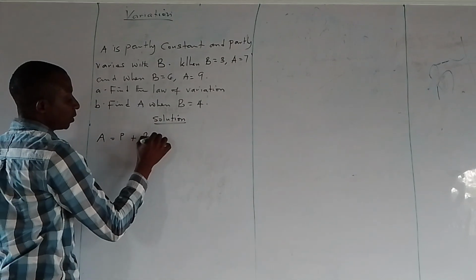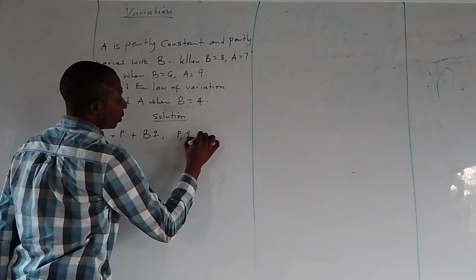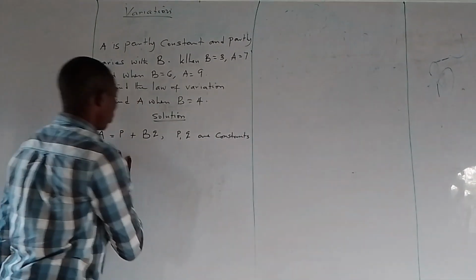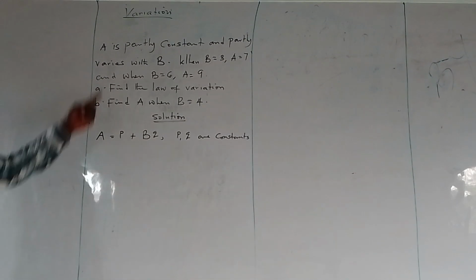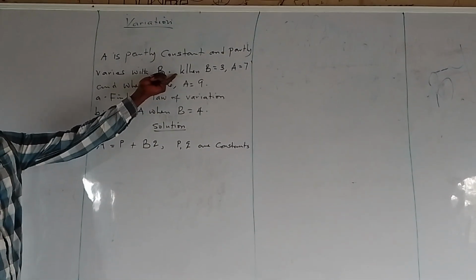So we can call that Q. So P and Q are constants. So that's the first sentence we have here.